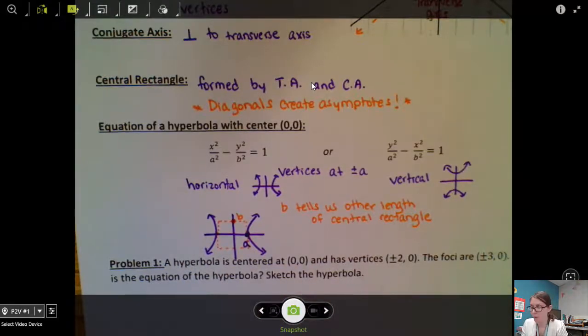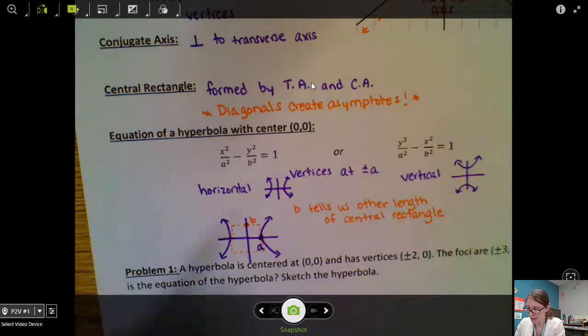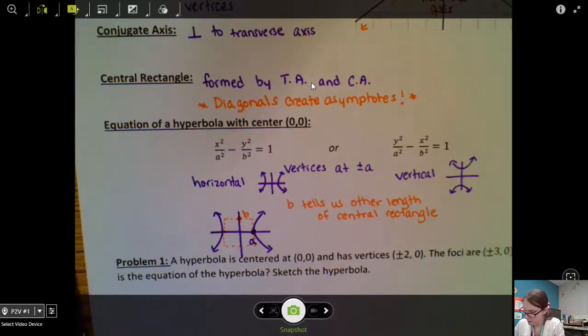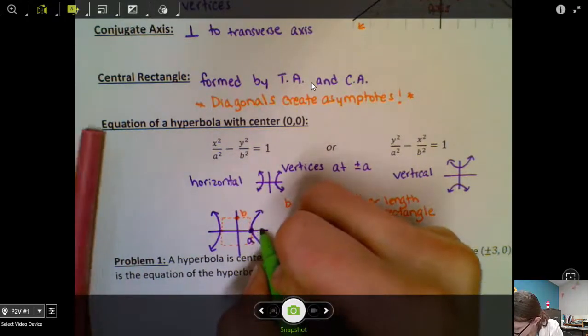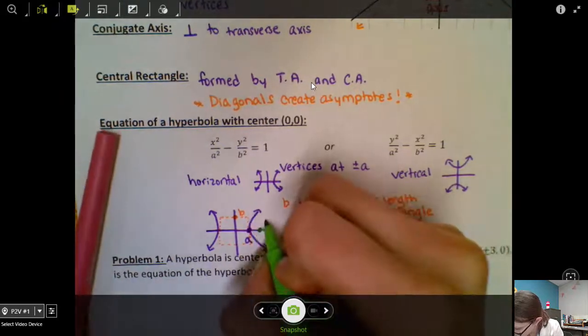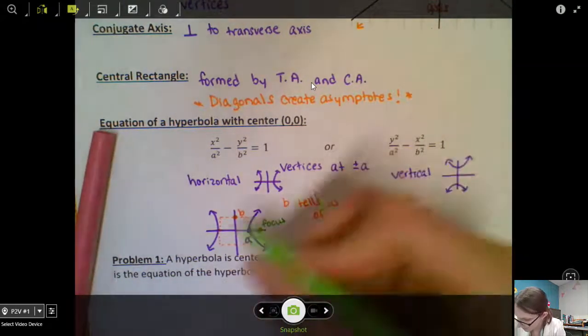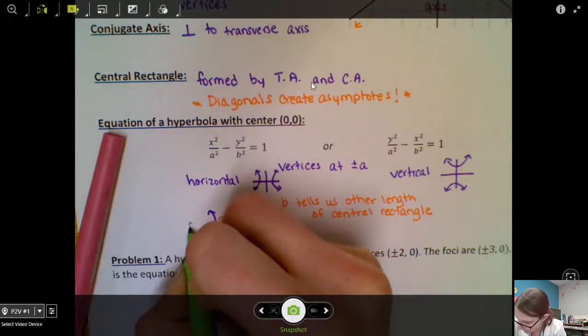And just like before with ellipses, when we had foci, we have foci with hyperbolas as well. Our foci are inside our hyperbola. So we would have a focus here, and we would have a focus here.